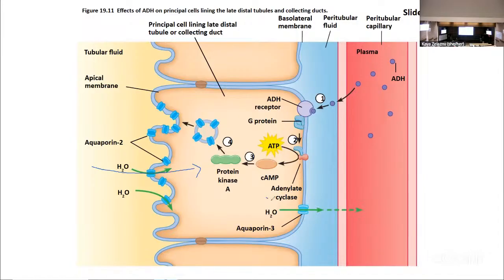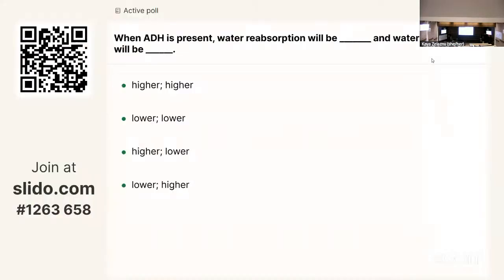And we already had an aquaporin 3 on that basolateral membrane. So the water can continue to flow back towards the plasma. Okay. So this is how we are controlling our excretion rate of water tied to that reabsorption rate for the water.